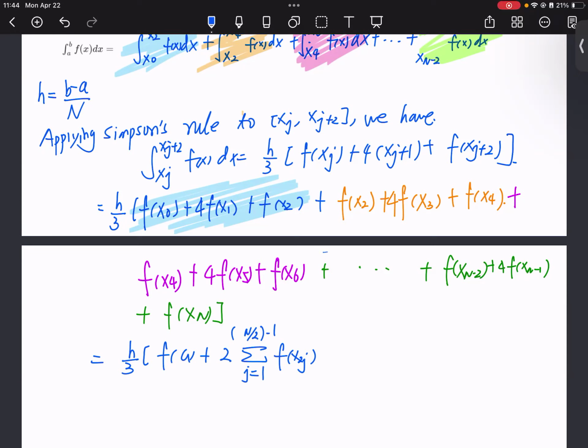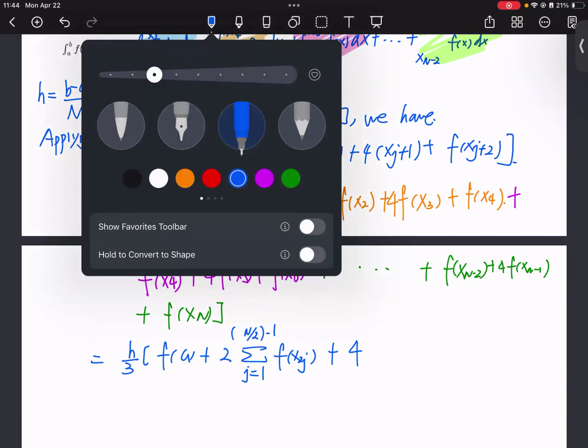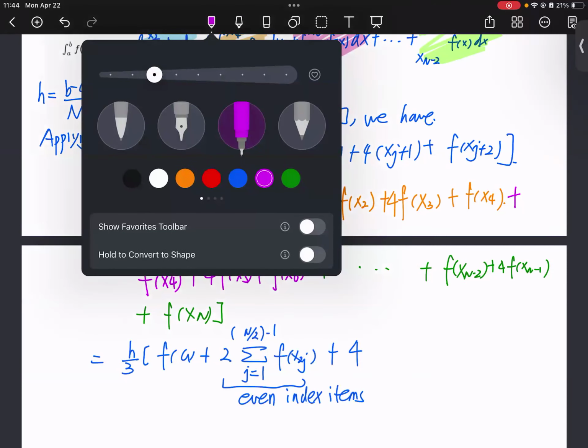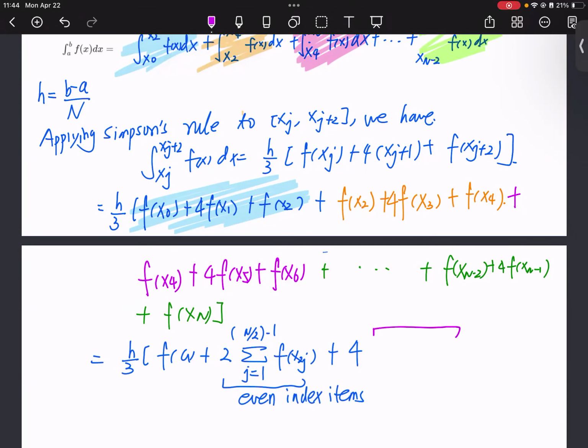And we also have the 4 coefficient for the odd index term. Let me just put it here. This is the even index term, and this one is the odd index term.